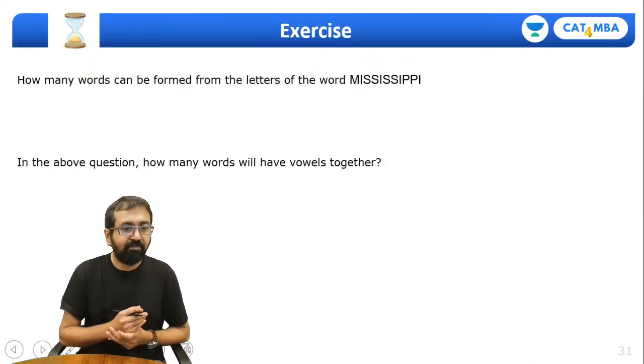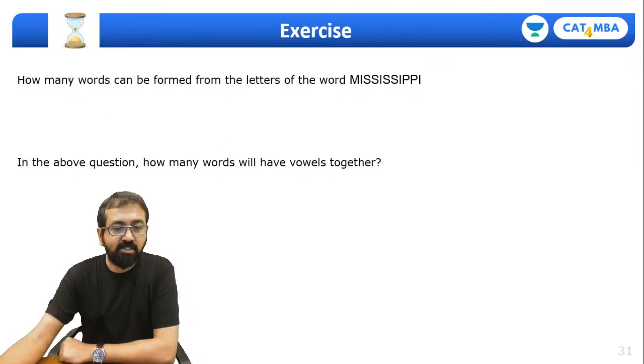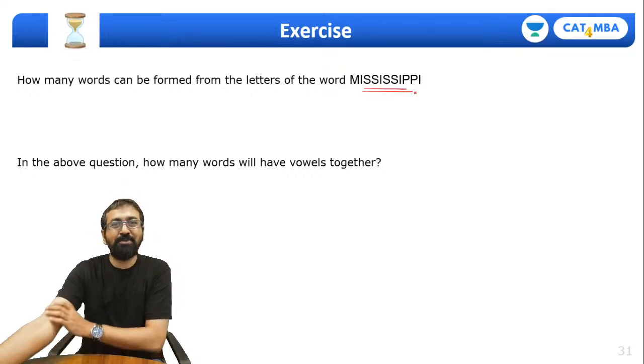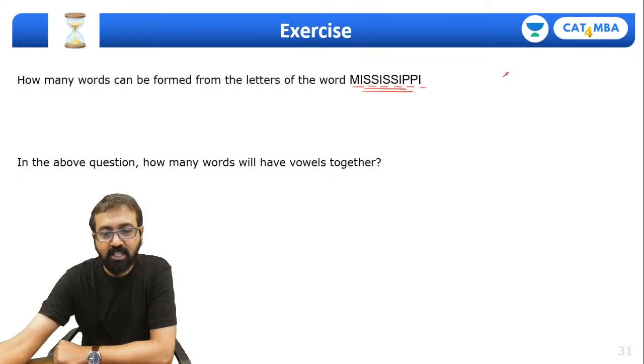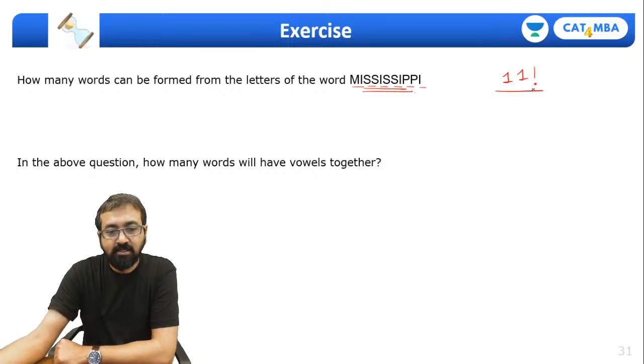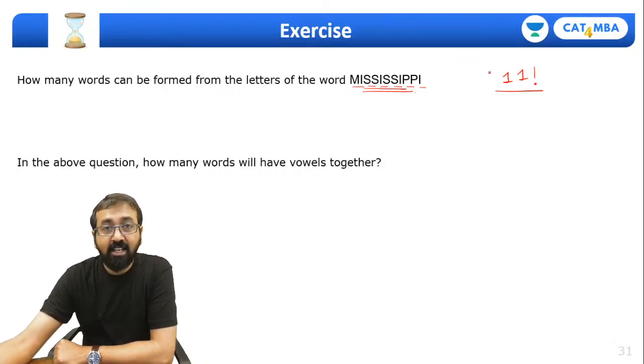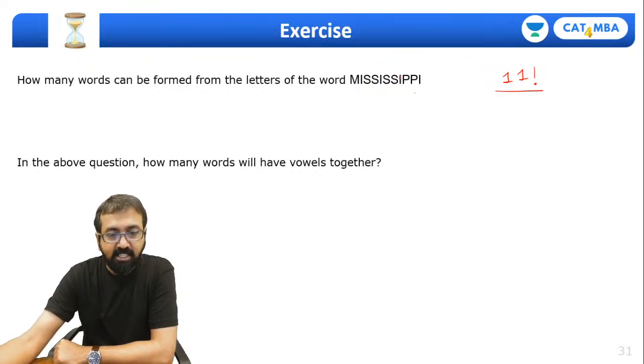Now guys, let's look at some questions related to permutation. How many words can be formed from the letters of the word Mississippi? So how many letters do we have over here? 2, 4, 6, 8, 10 and 11. So there are 11 letters. Had these 11 letters been different, we would have formed 11 factorial words, but there are certain letters which are identical.